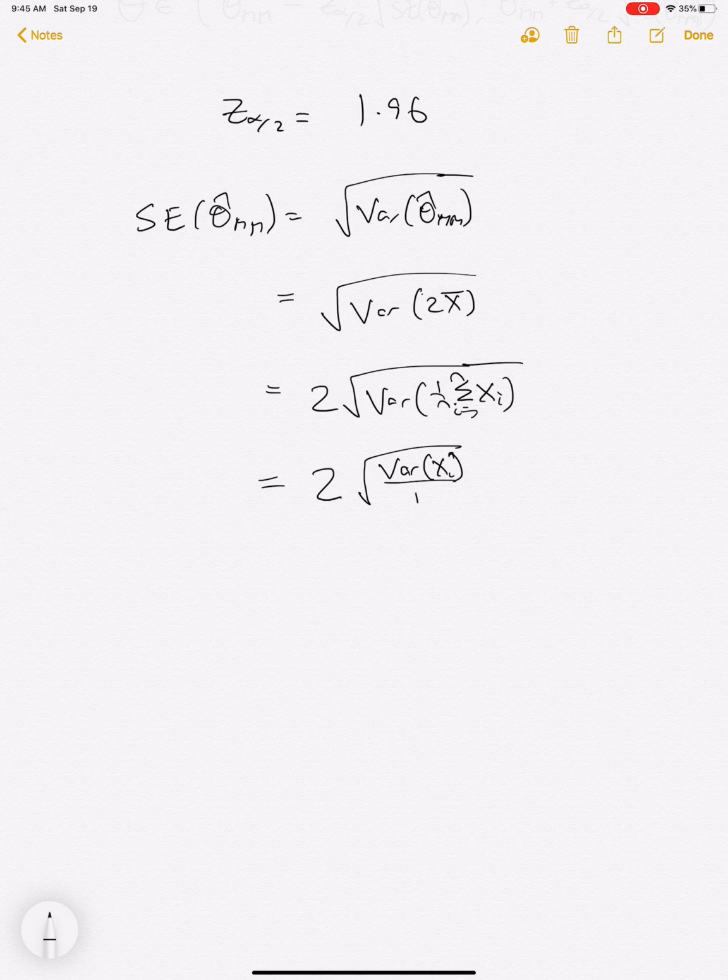So then we're going to get that this is just 2 times the square root of the variance of xi over n. So again, the n appears because we're taking an average of n samples, and when you do that for the variance, that gets squared, and so that's why we end up with the variance of xi over n, as we see here. And this, again, is something you can calculate or use the formula sheet for. This is just going to be theta squared over 12 times n.